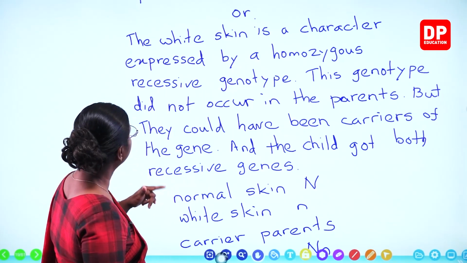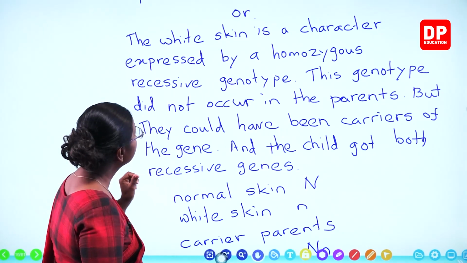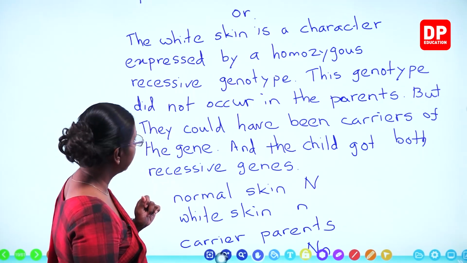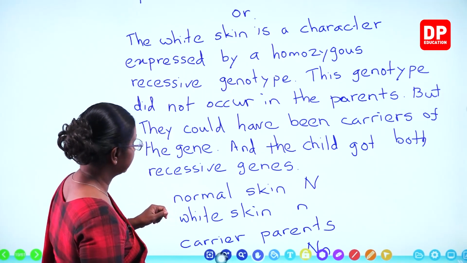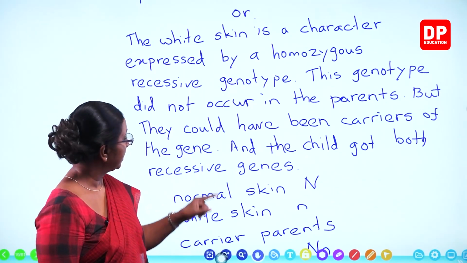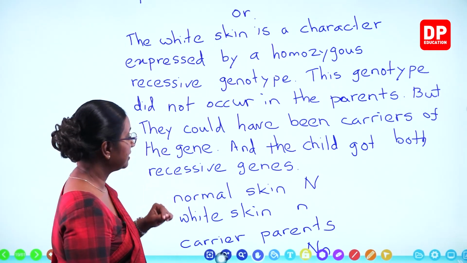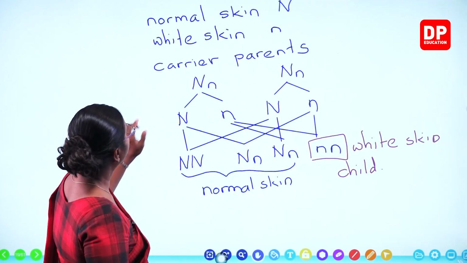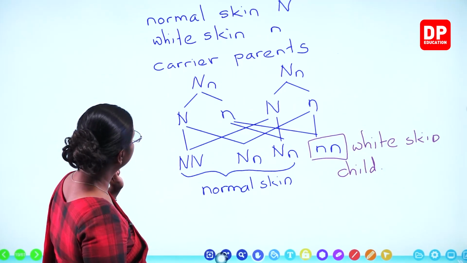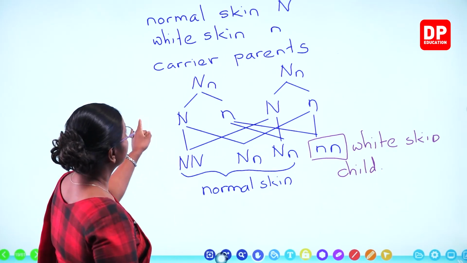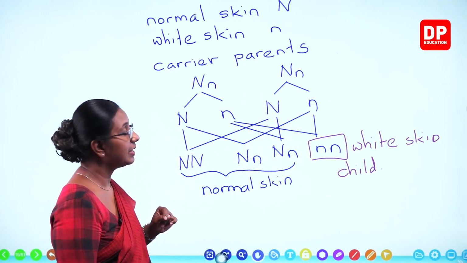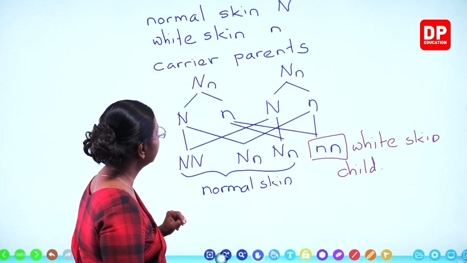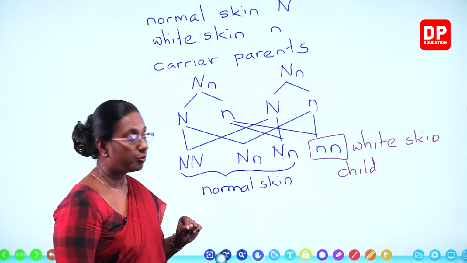The white skin is a character expressed by a homozygous recessive genotype. This genotype did not occur in the parents, but they could have been carriers of the gene. And the child got both recessive genes. So this is how you can show that. Normal skin capital N, white skin simple N because it's the recessive gene. So carrier parent means capital N simple N, capital N simple N. When the gametes are formed, capital N and simple N in both parents.